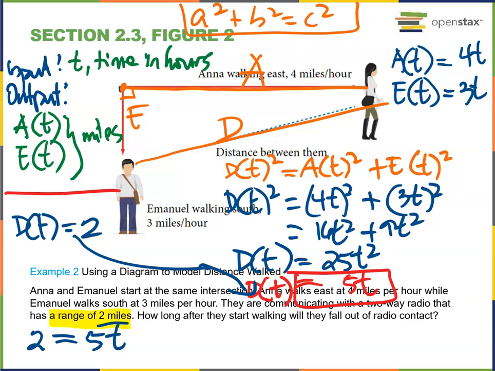Now we can solve for t by dividing both sides by 5. So t is equal to 2/5, which is exactly 0.4. So they will fall out of radio contact in 0.4 hours. What is 0.4 of an hour? That is like 24 minutes.